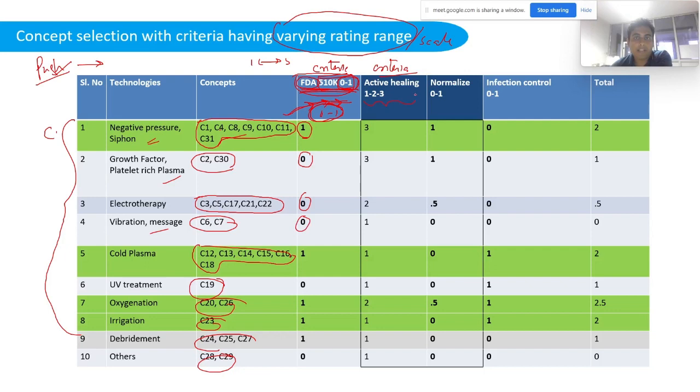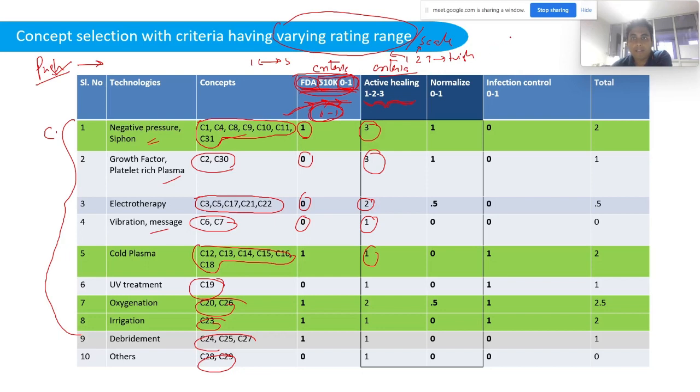So for this criterion we use the score 1 or 0. Similarly, there's another criterion, amount of active healing. Now the scale is different. Now the scale is 1, 2, 3. So 3 means the highest, very good healing. One is the lowest healing. Two is medium healing. So here the range is different, right? Sometimes the scale can also be different. Here negative pressure and growth factor have very good healing capability. It is better than electrotherapy, vibration, cold plasma, like that. So what we do when we have a different scaling is that we bring everything to the same scale.